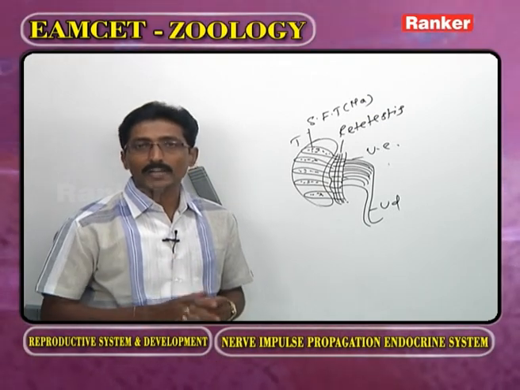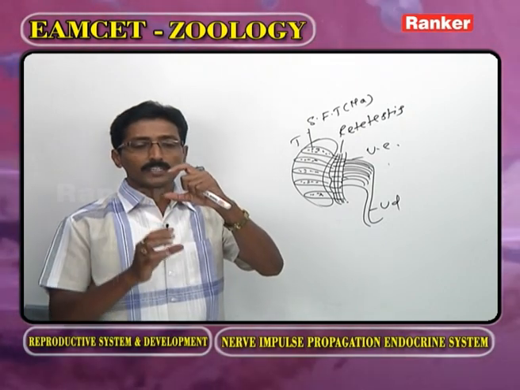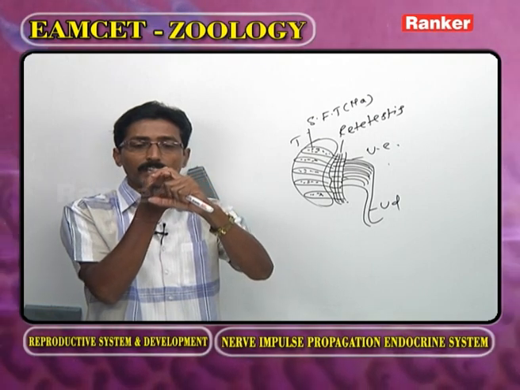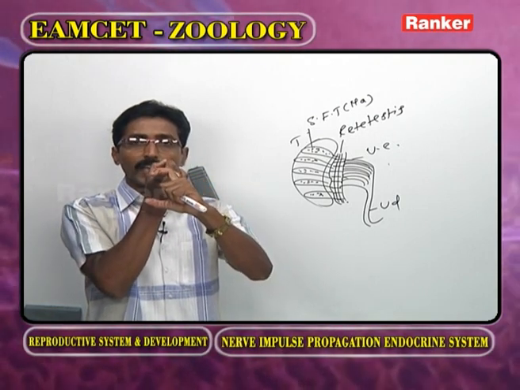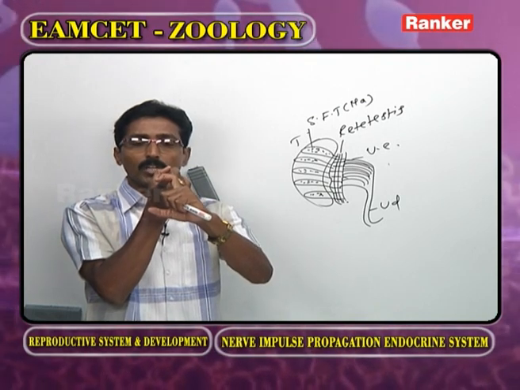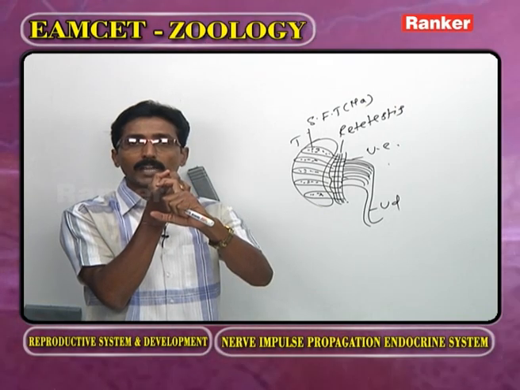What about implantation? As we observe the mother uterus, in the mother uterus the embryo attaches. The process of attachment of the embryo to the mother uterus, that we call implantation.